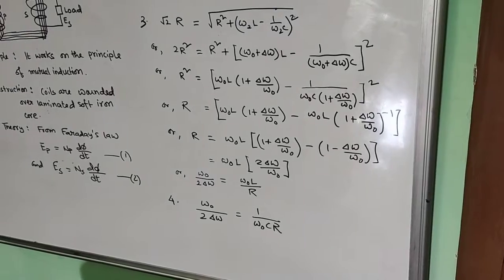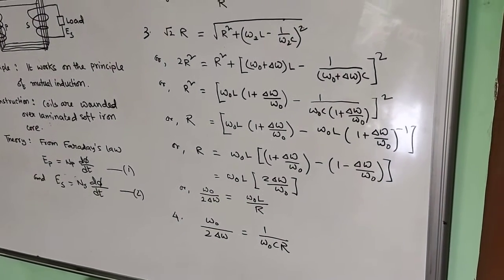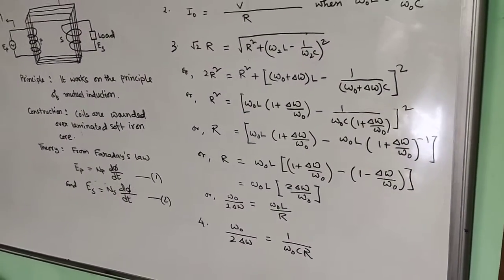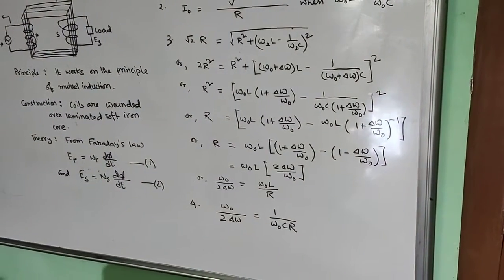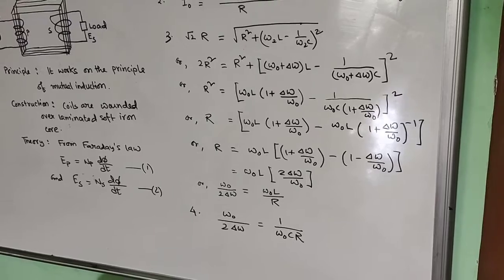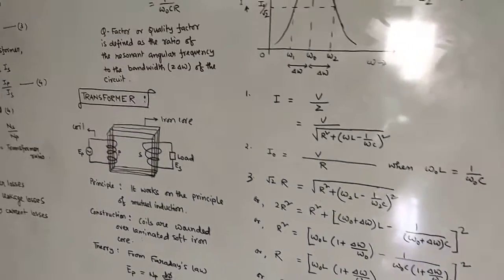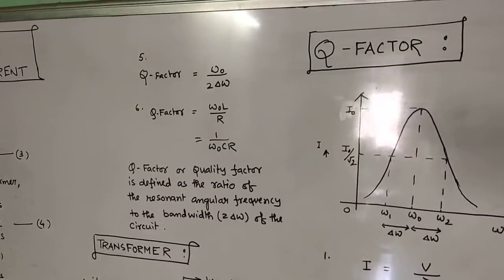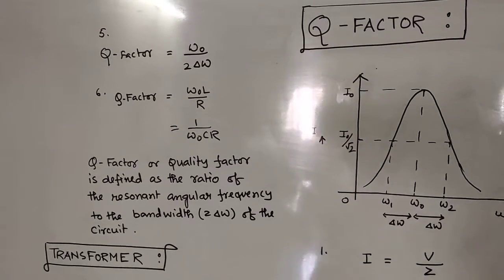So these are the two different parameters, but for the same expression, ω0 by 2Δω. As per the requirement or the supplied value, you can define ω0 by 2Δω. Basically this Q factor is nothing but ω0 by 2Δω.